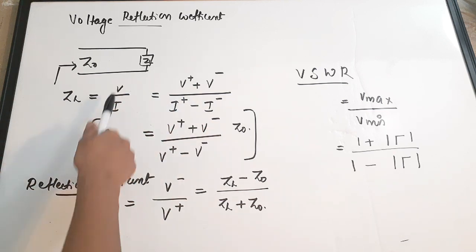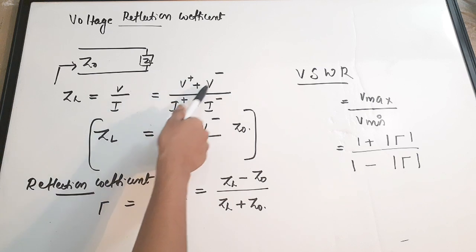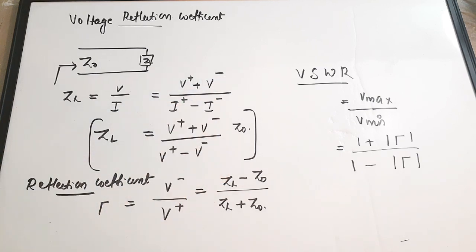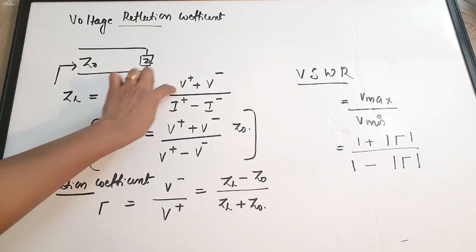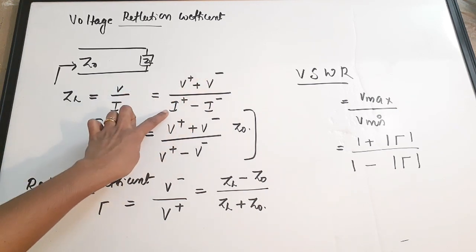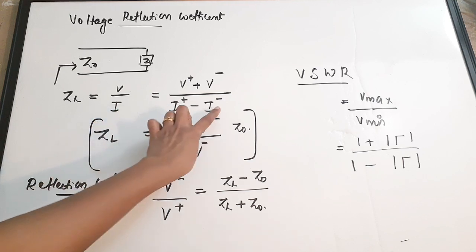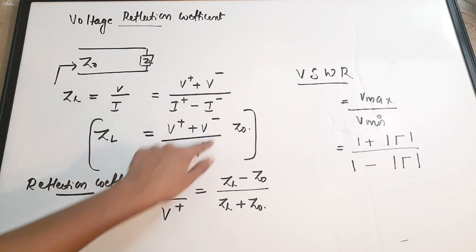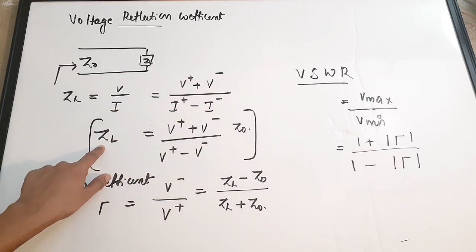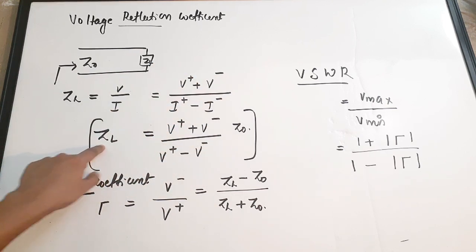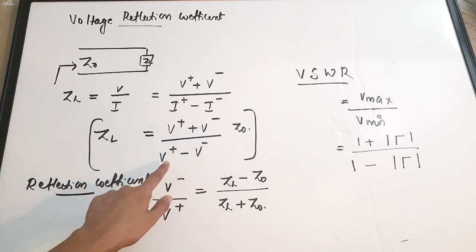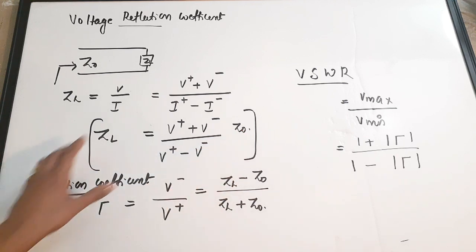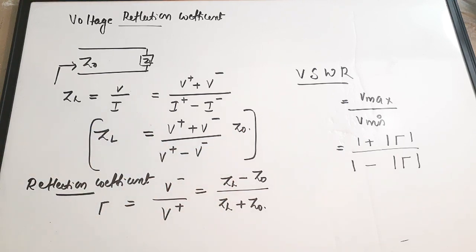You can write V by I as V+ plus V- by I+ minus I-, where V+ is the forward traveling voltage wave, V- is the reflected wave, I+ is the forward current wave, and I- is the reflected wave. Now you can write this in terms of the voltage waves. So you will get ZL is equal to (V+ plus V-) by (V+ minus V-) into Z0.